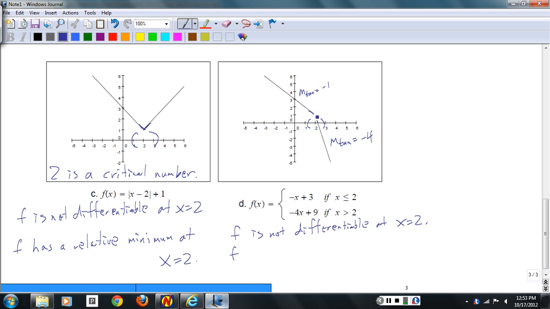So that 1 will be neither the minimum value nor the maximum value of the function on that open interval. So f does not have a relative extremum at x equals 2.